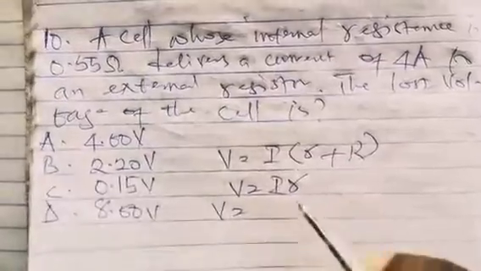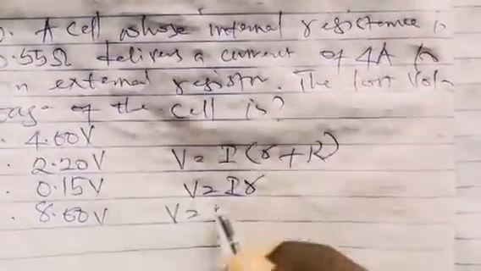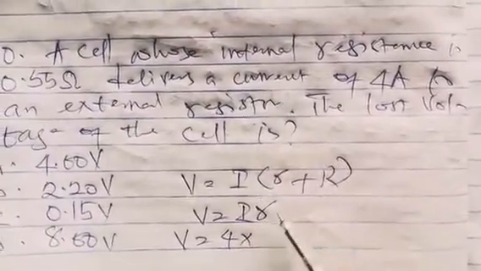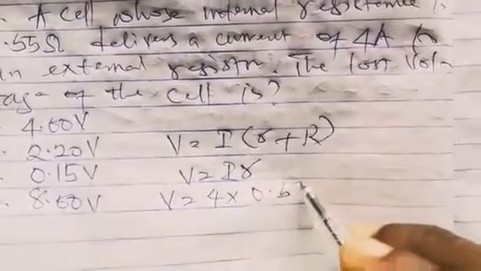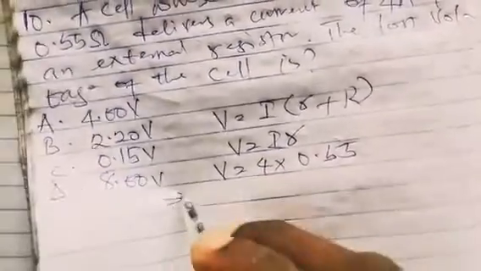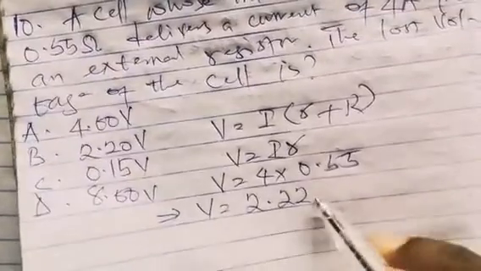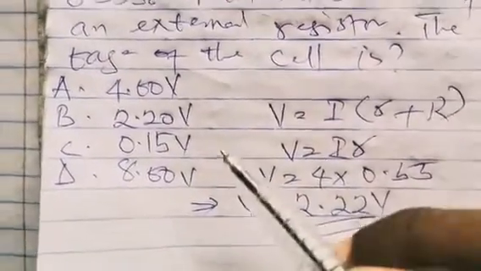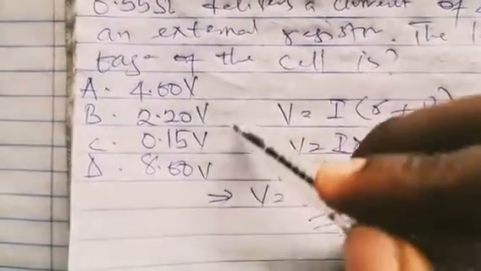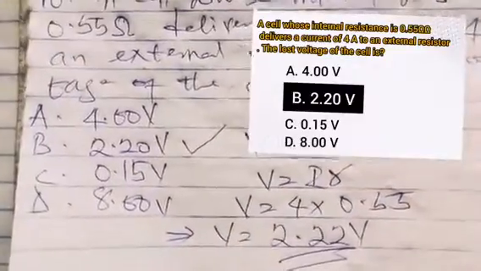So voltage is equal to I, the current, which was given as 4 amperes, times the internal resistor, which was given as 0.55 ohms. So this means that the voltage is actually 2.22 volts. Okay, so in the options, we don't really have 2.22, but we have 2.20, which is closer. So the correct answer is actually option B, 2.20.